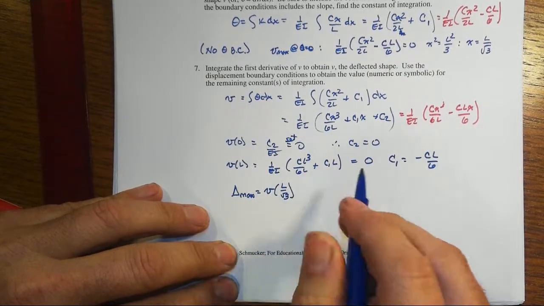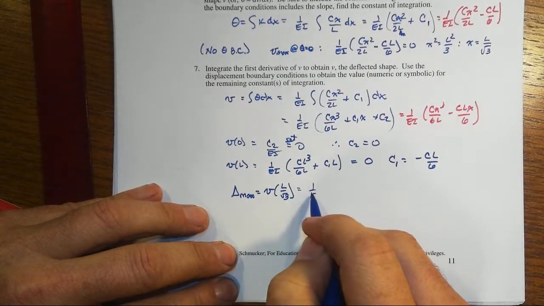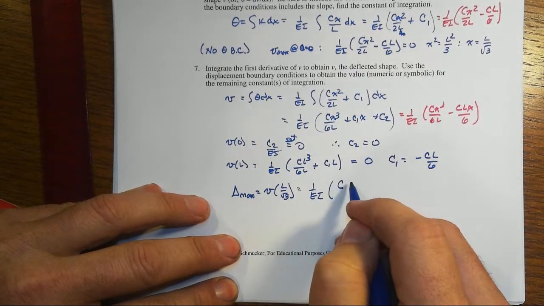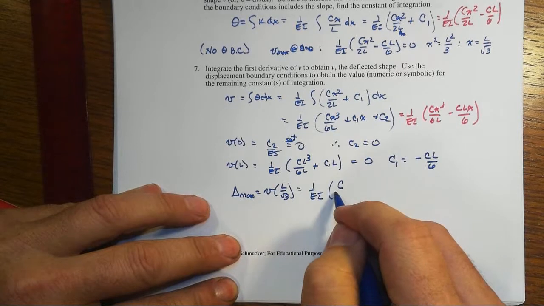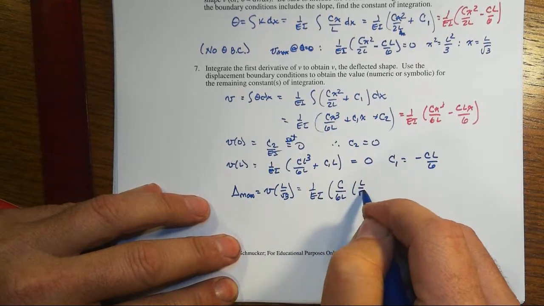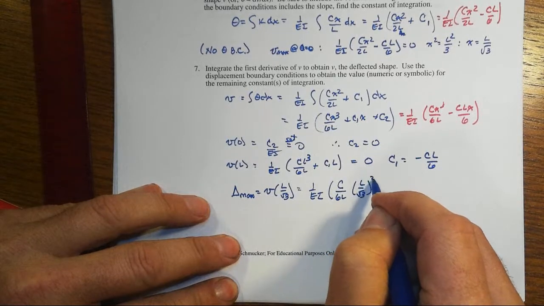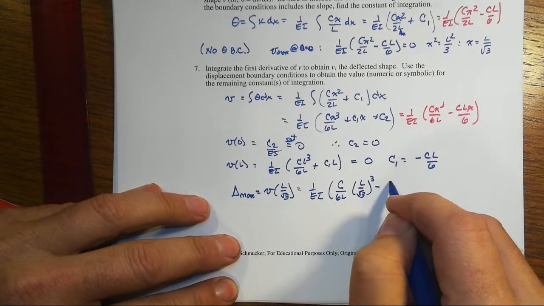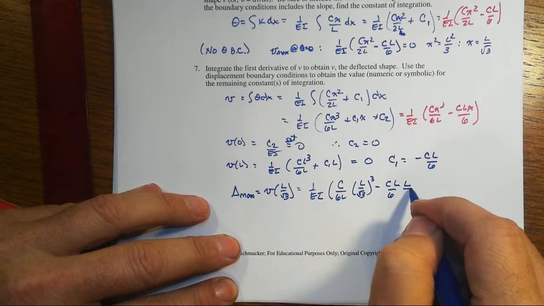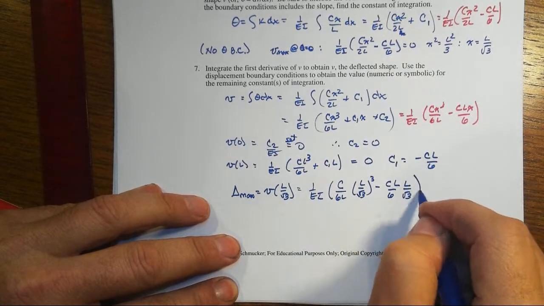And so that means that our max displacement will be at x equal to L over the square root of 3, and so that's 1 over EI times C, let's see, that's C over 6L, and then we'll have L over the square root of 3 cubed minus CL over 6 times L over the square root of 3.